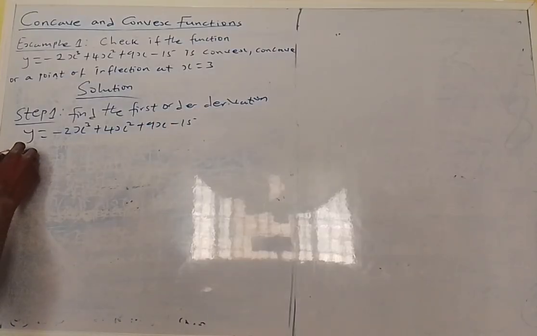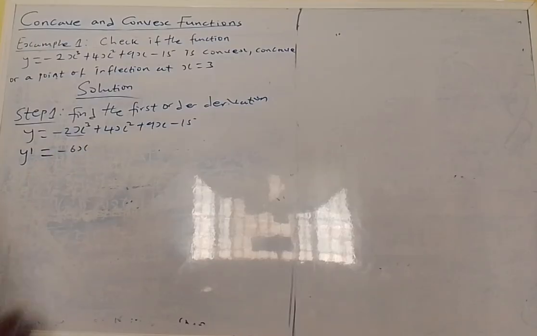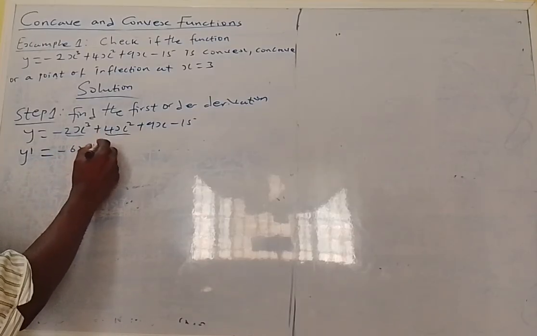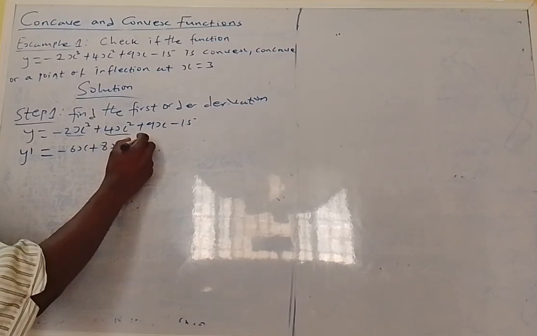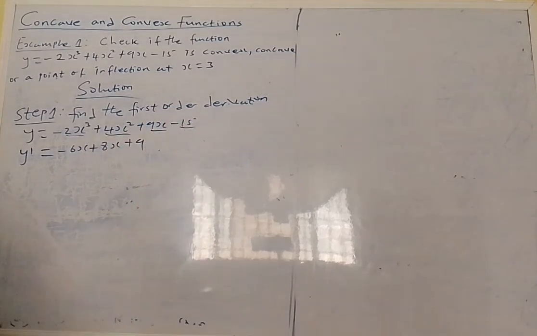The first order derivative, y prime, that is dy/dx, equals, when we differentiate, minus 6x squared plus 8x plus 9. The constant becomes 0.